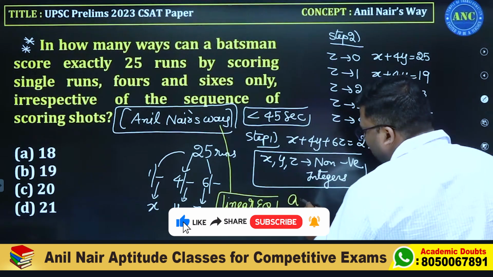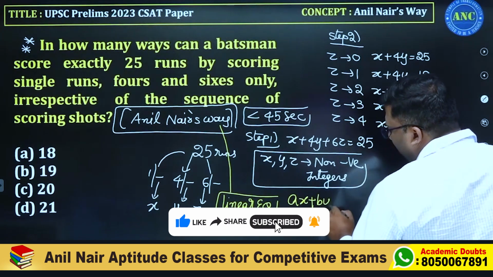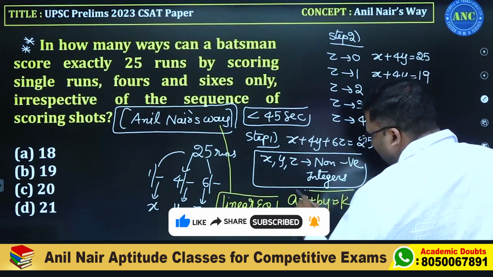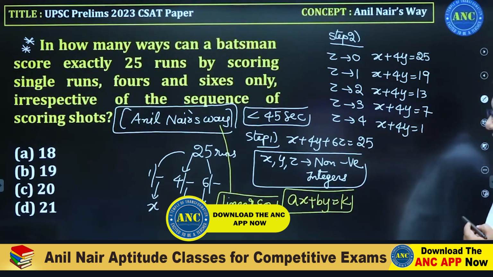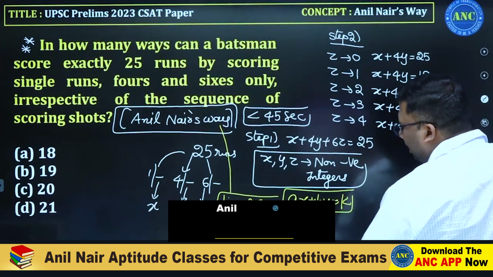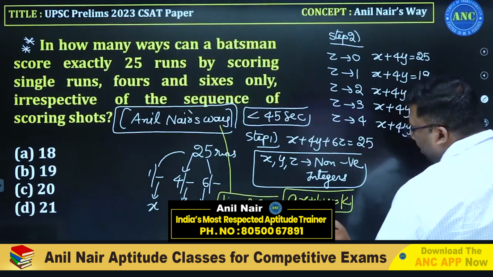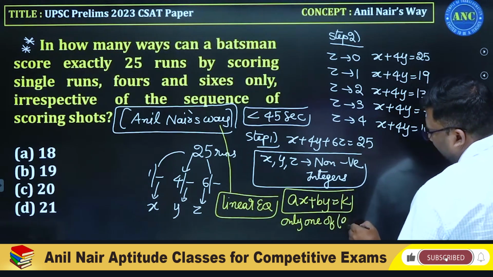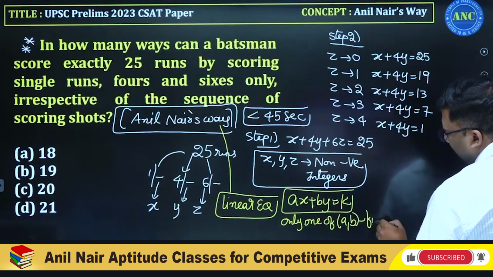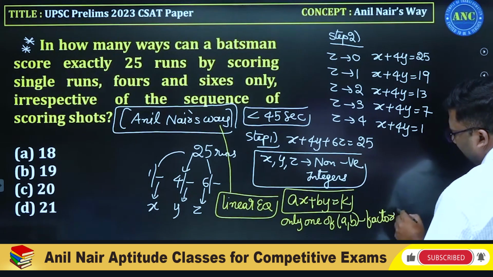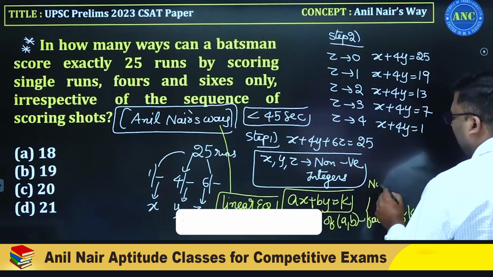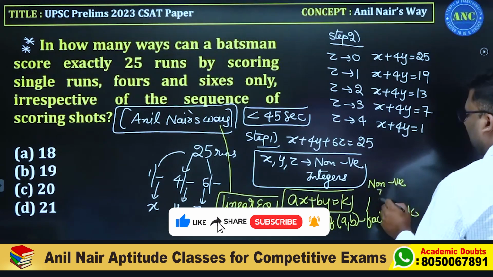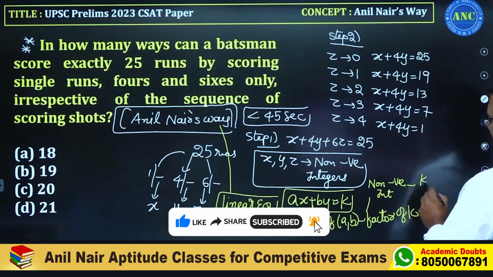If the equation is of the form ax plus by is equivalent to k, and if only one of a, b is a factor of k, then the number of non-negative integral solutions you will get is k by a into b, plus 1.